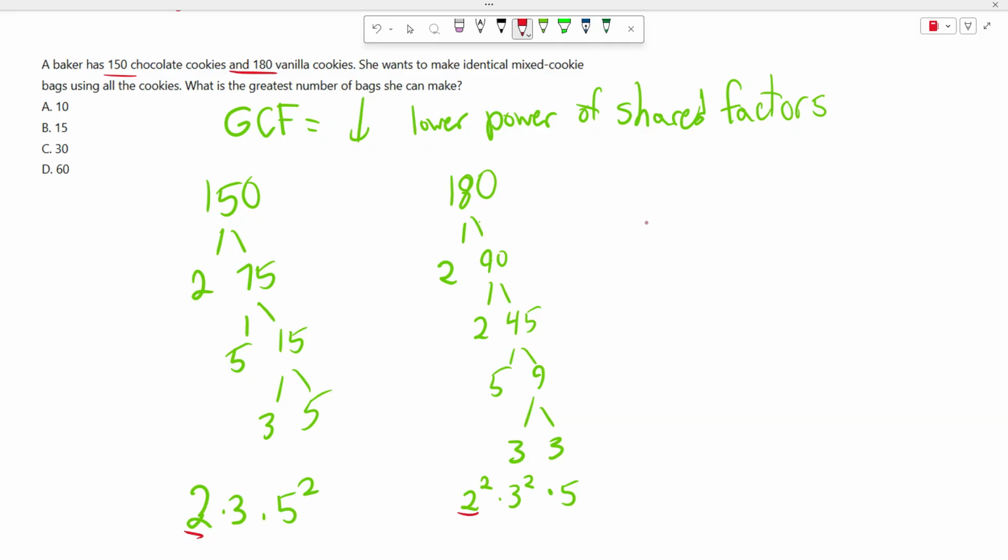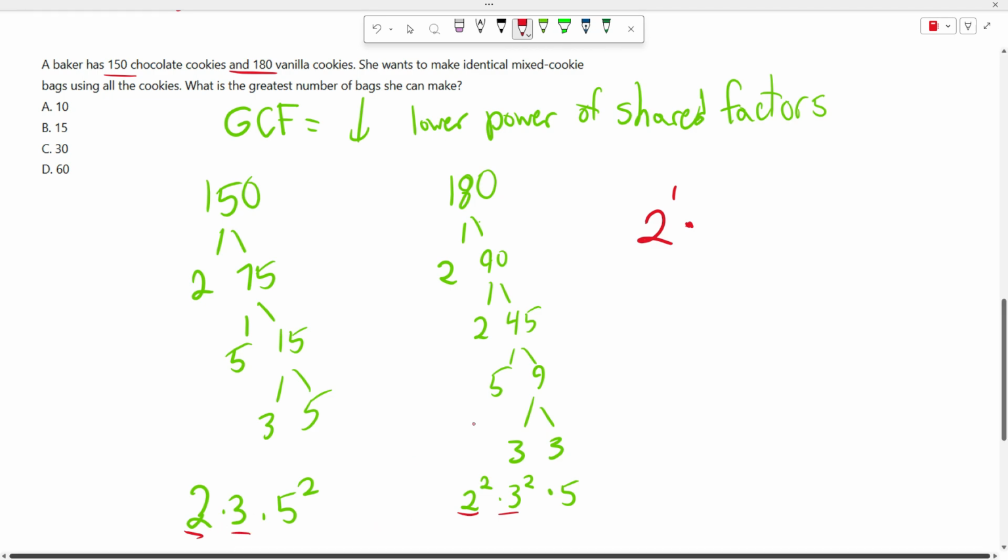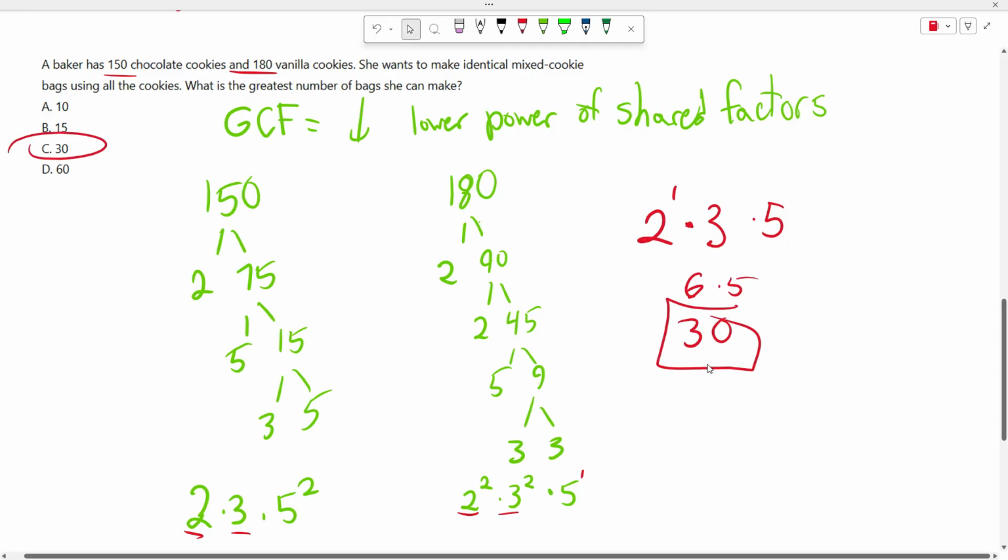The lowest power of shared factor 2 is just 2 to the first. The lowest shared factor of 3 is 3, and the lowest shared factor of 5 is 5. As you can see here, we have 5 to the first, 5 to the second. So what we have to do is multiply 2 times 3, which is 6, times 5, and that will give me 30. So that means I can split my cookies into 30 different bags, and it'll be perfectly fine.